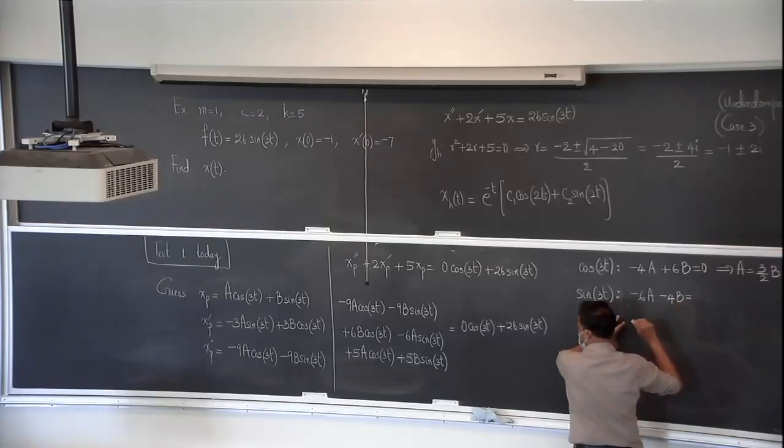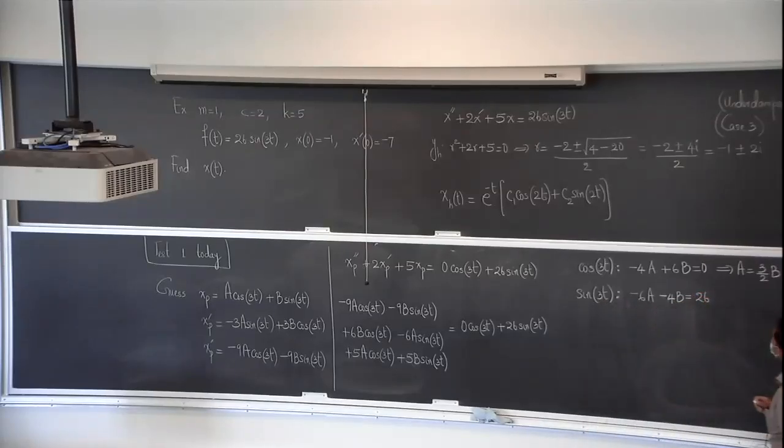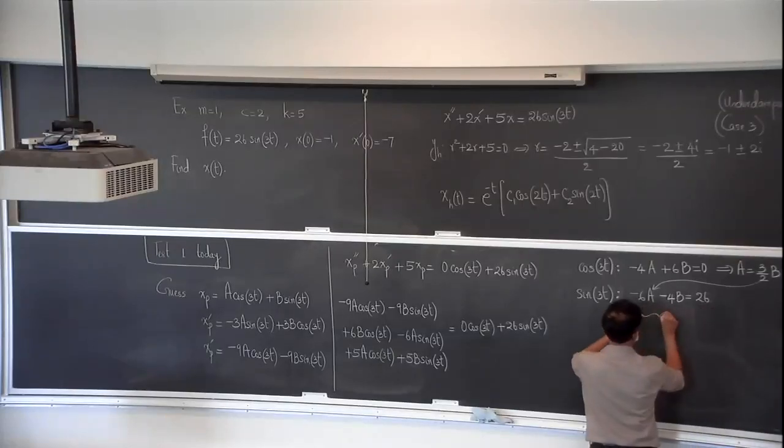That is not equal to 0, that's equal to 26. And the 26 is kind of designed to work out nicely. Okay. So you get negative 9 minus 4, this is negative 13B.